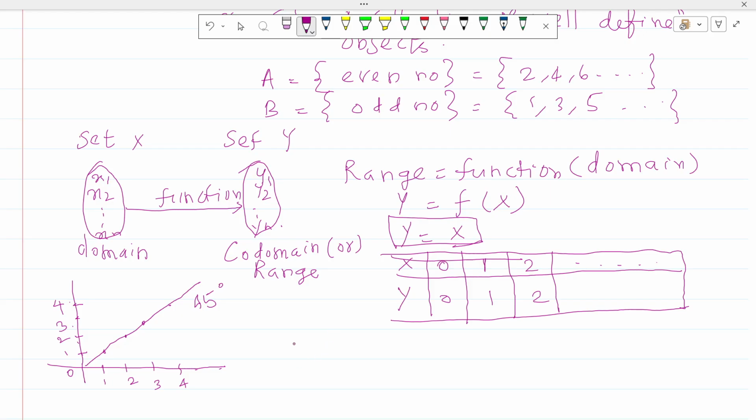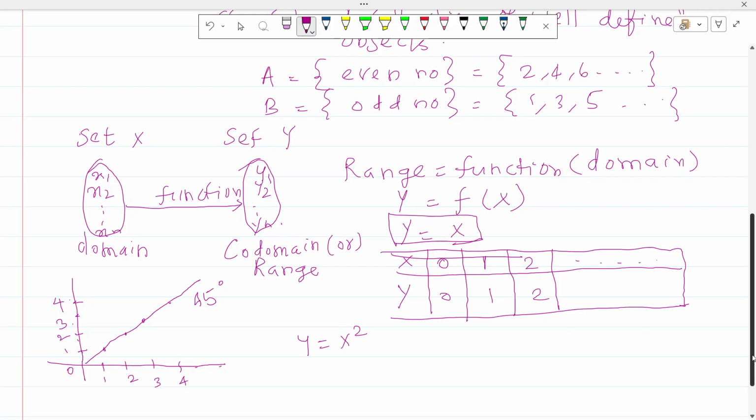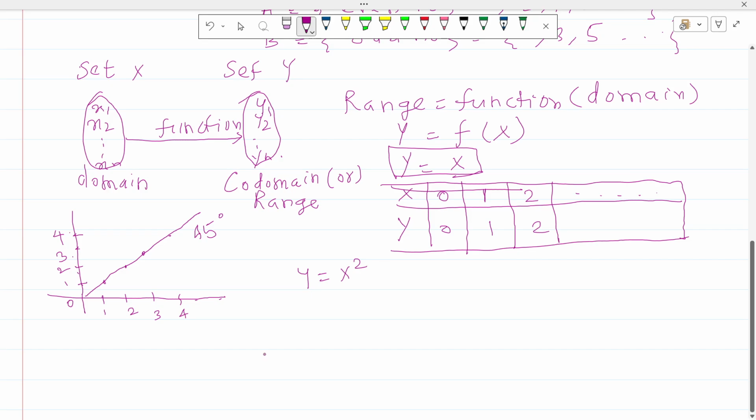Similarly, in case y equal to x square is there, at that time we can write x and y here. X equal to 0 means y equal to 0, x equal to 1 means y equal to 1, x equal to 2 means y equal to 4.